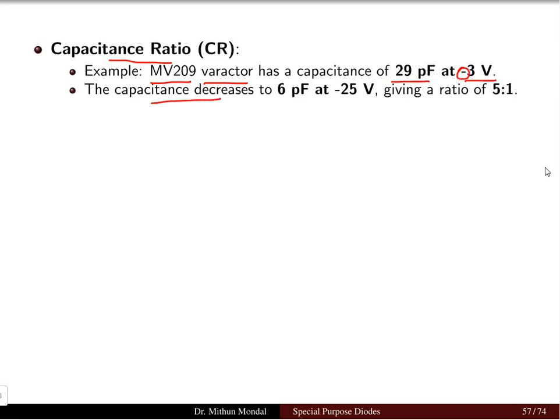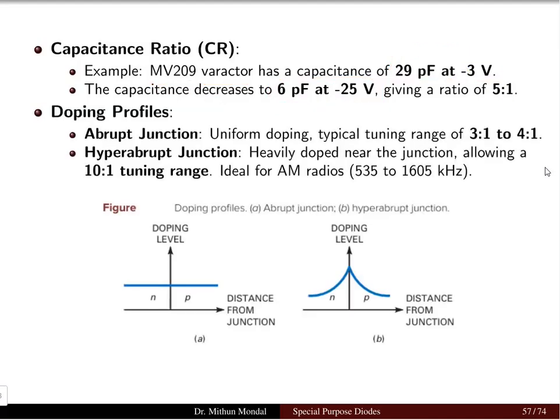The capacitance decreases to 6 picofarad at -25 volt, giving a ratio of about 5:1. So the capacitance changes with the reverse voltage.